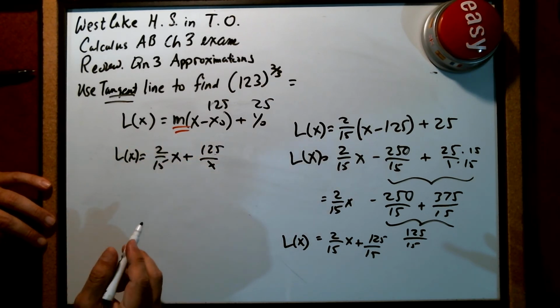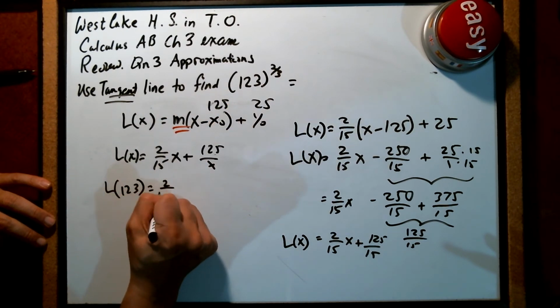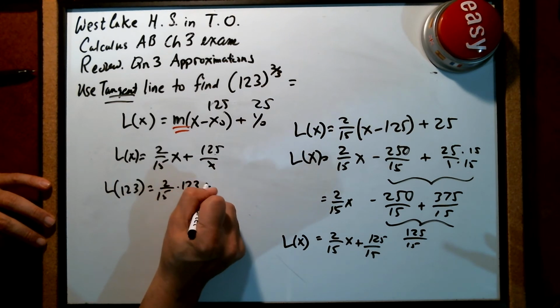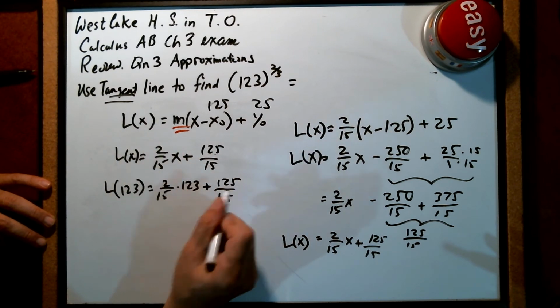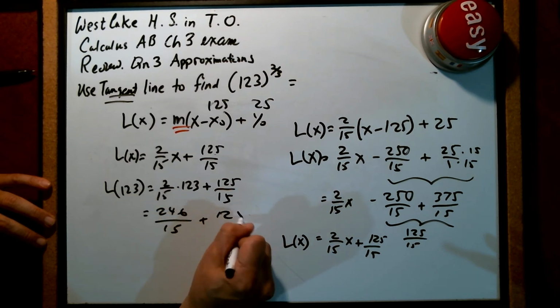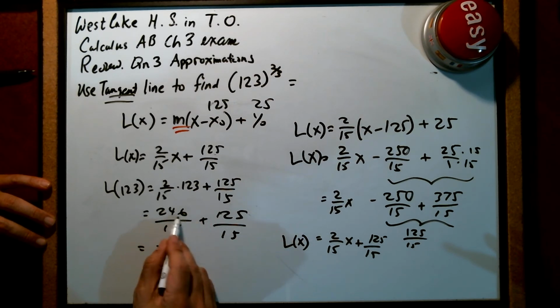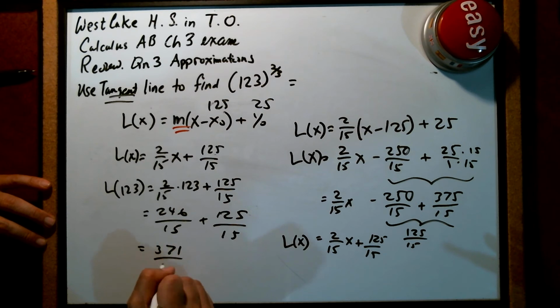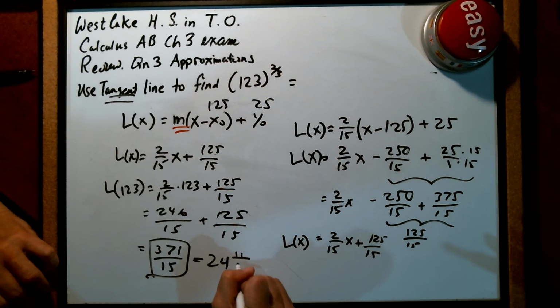Our x value is 123. So it's 2 over 15 times 123 plus 125 over 15. 2 times 123 is 246 over 15 plus 125 over 15. I'm going to add them up and you get 371 over 15. That's my final answer, which as a mixed number is 24 and 11 over 15.